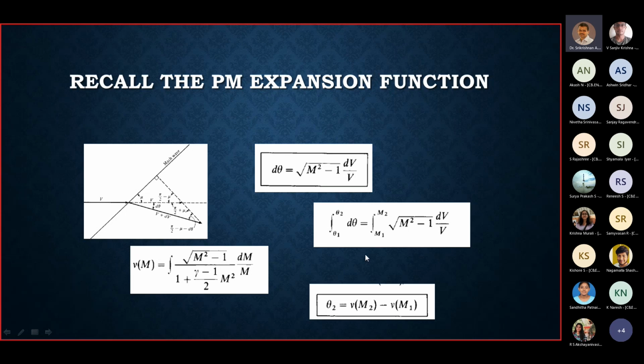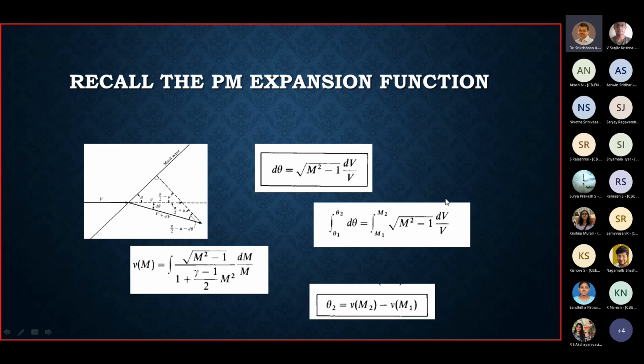This is all carrying forward from the Prandtl-Meyer expansion. That is, theta 2 can be written as nu of M2 minus nu of M1, where M1 is the approaching Mach number, and M2 is the Mach number downstream of the corner, or rather after the expansion. So the difference can be used to calculate the deflection theta 2.